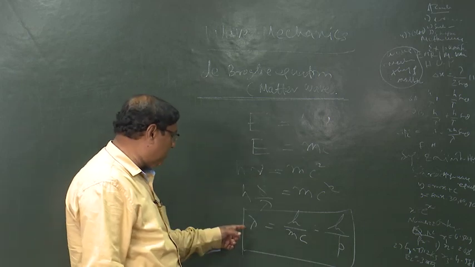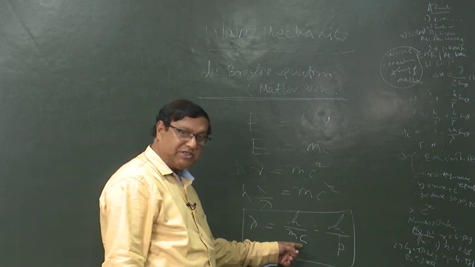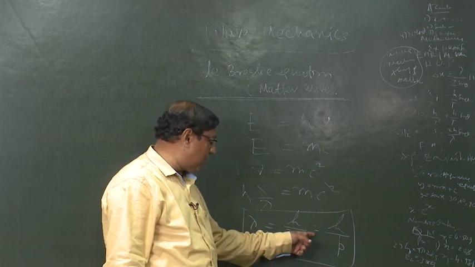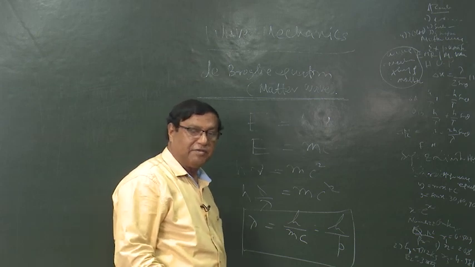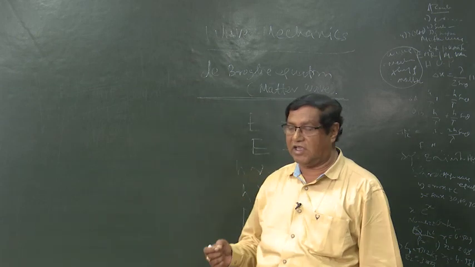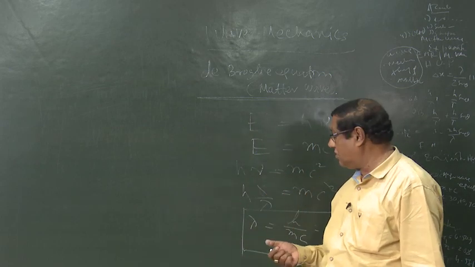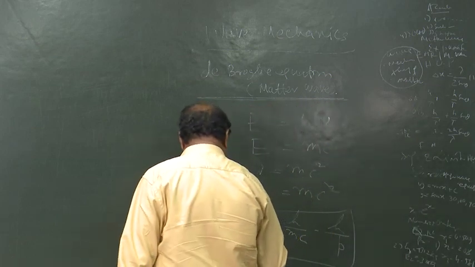So, this is the wavelength associated with the particle of light, that is, the photon. When the photon behaves as a wave, its wavelength is expressed as h by mc, mass of the photon into velocity of light, which is h by p, the momentum. Similarly, a material particle like an electron, proton, neutron, or atom, when in motion, is also associated with a wave.